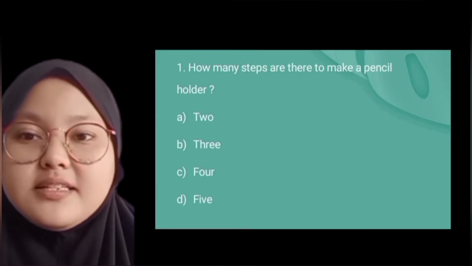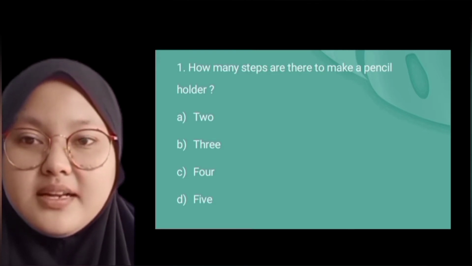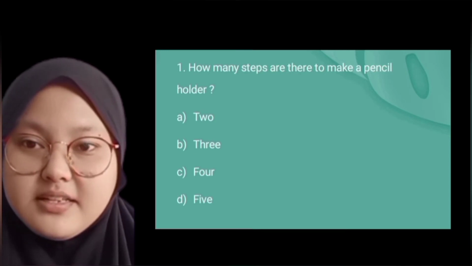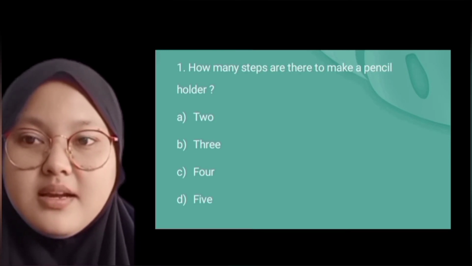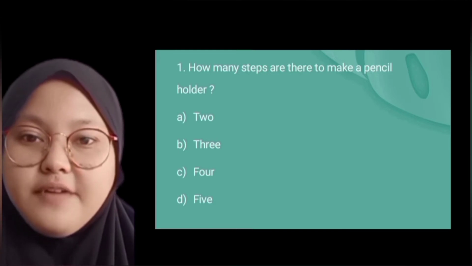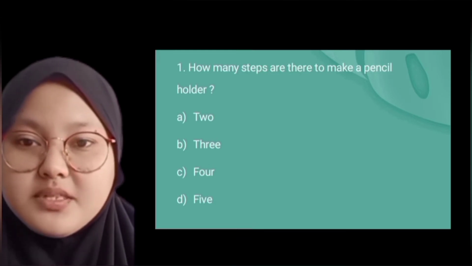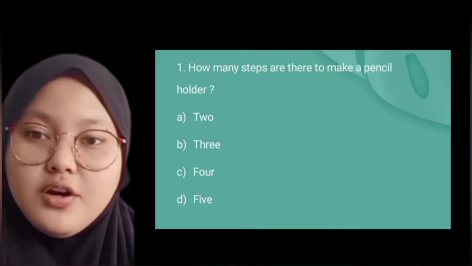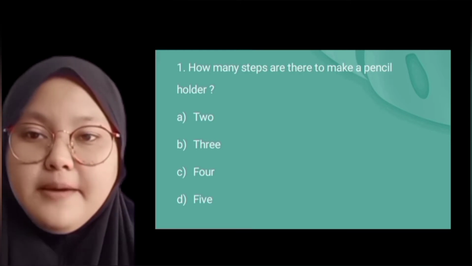In this text, we can see some temporal conjunctions such as first, second, next, then, and finally. So we can conclude that there are 5 steps in this procedure text. So the answer is 5 steps.